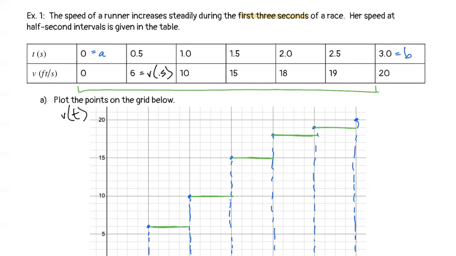What would be another way of writing 18? V of 2, good. And I could say this 0, another way of writing that might be v of 0. And in fact, I could say every one of these y values are just the velocity at some given t value.